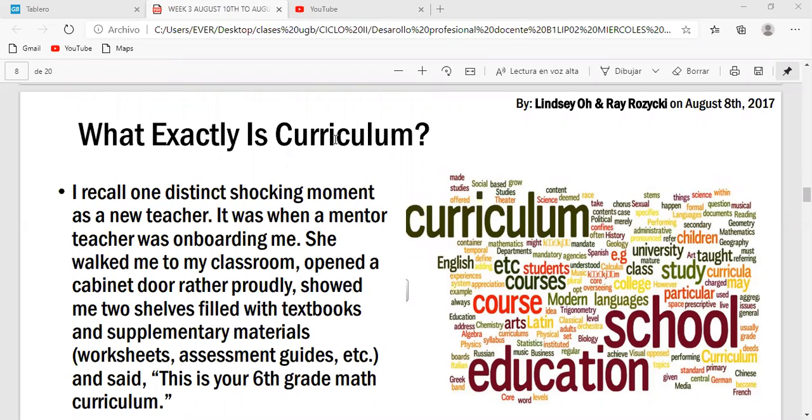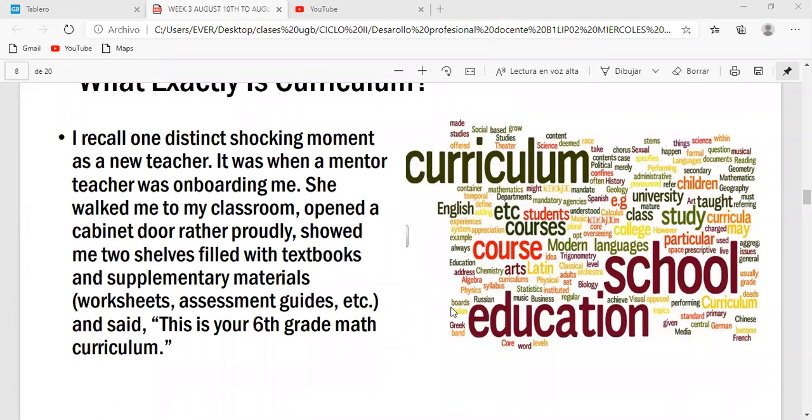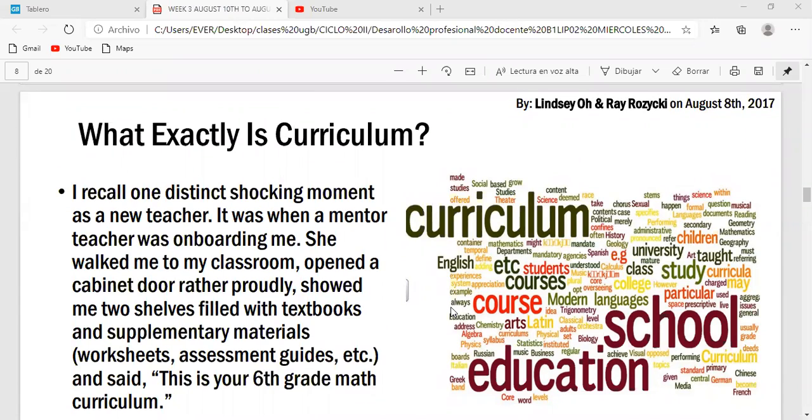So imagine yourself in a school, your first day, and a teacher walks you to the classroom and opens a cabinet door, and shows you two shelves filled with textbooks and supplementary materials like worksheets, assessment guides, etc. And she says, okay, here you have. So what would you think? You probably would be like, what is this?